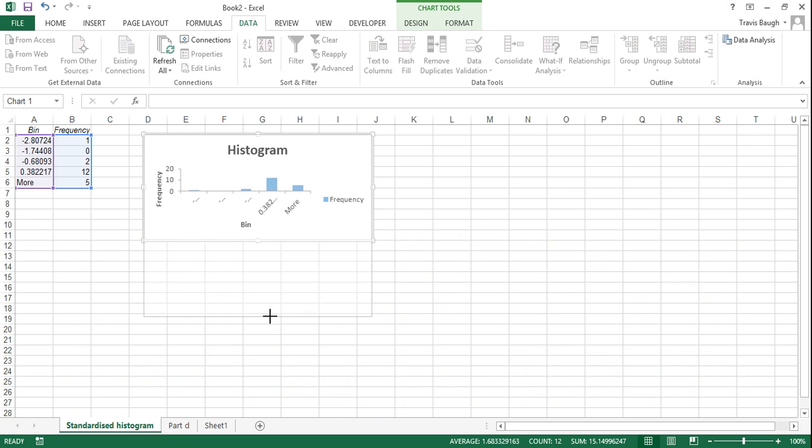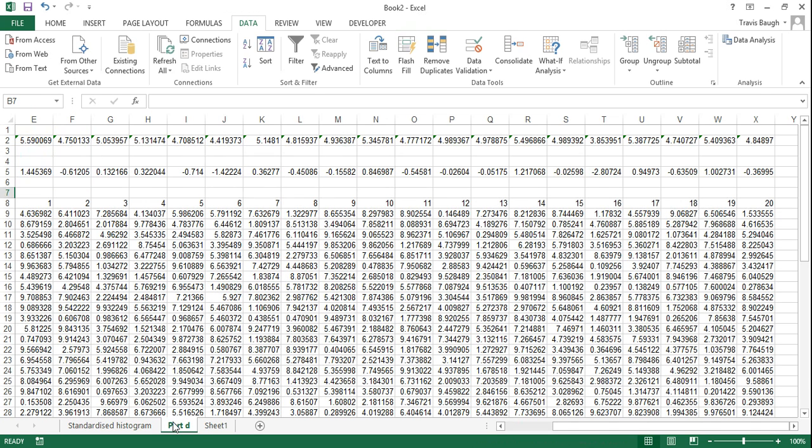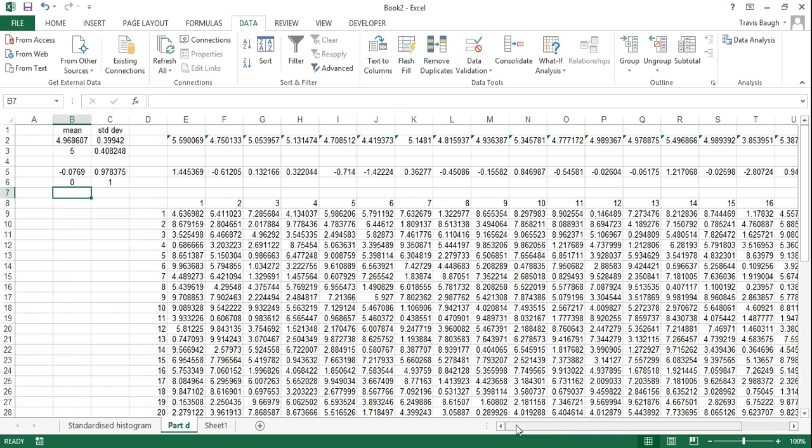There it is there. Excel has automatically chosen four bins only, and so it's very difficult to see the distribution with such a small number of bins. So I might actually just go back to part D that we were working on, which is now spanning to part I. I'm going to select some bins here, and I know that the standard normal distribution ranges from roughly -3 to roughly +3.